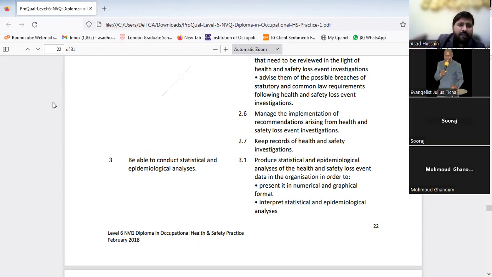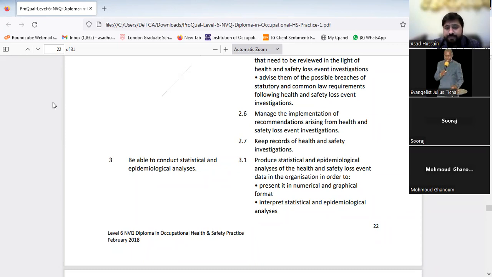Other than that, we have epidemiological analysis. It is basically the scientific study of the causes of any health issues or diseases in the workplace. So this learning outcome is focusing on the causes and reasons for the health and safety issues or losses in the organization.